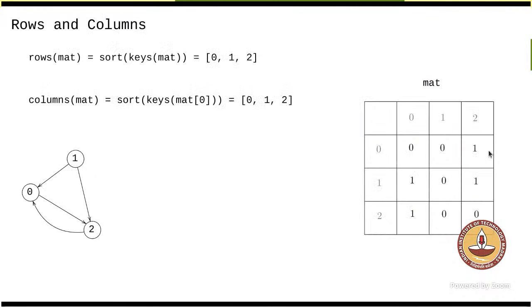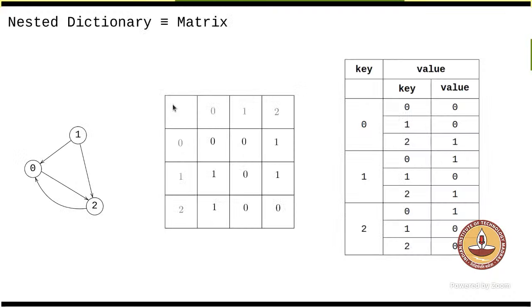In rows we are not giving mat of 0 and we are getting 0, 1, 2, and for columns also we are getting the same thing, but we are not putting the argument 0. So my question is, the code is changing and we are getting the same answer. Yes, the code is changing, but fortunately for us, the outer dictionary and the inner dictionary have the same keys, right?